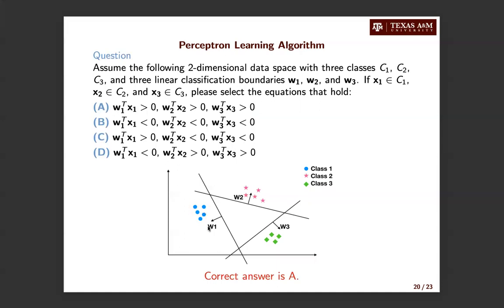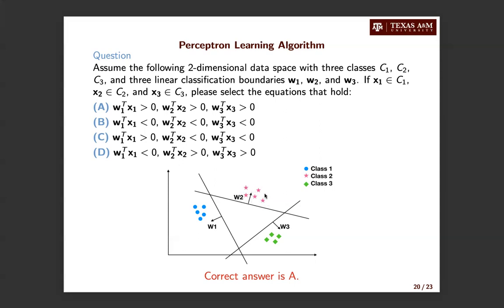So basically, from all the blue samples here, X1 that belong to class C1, if we take their inner product with W1, this inner product will be positive because these blue samples lie on the same side of the line as the direction that W1 points to.